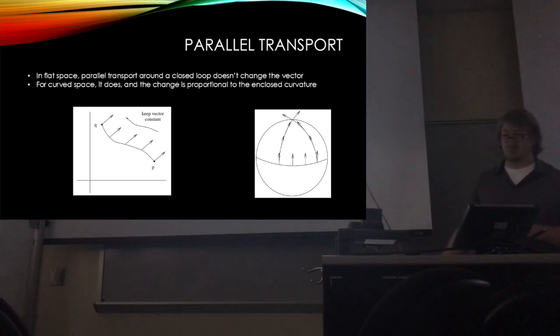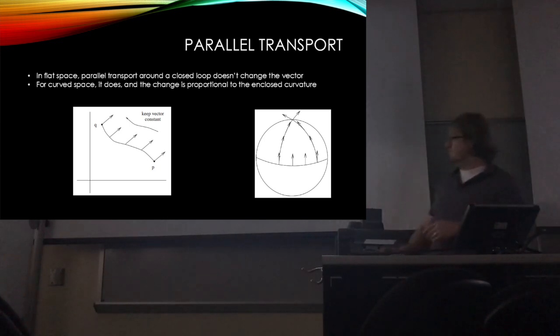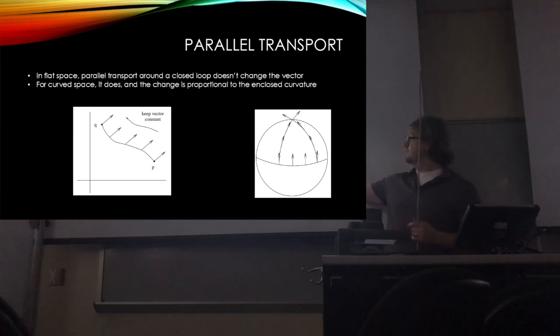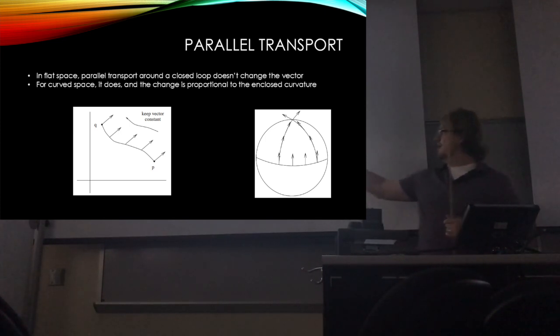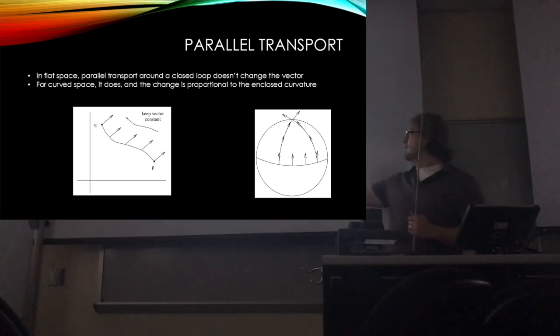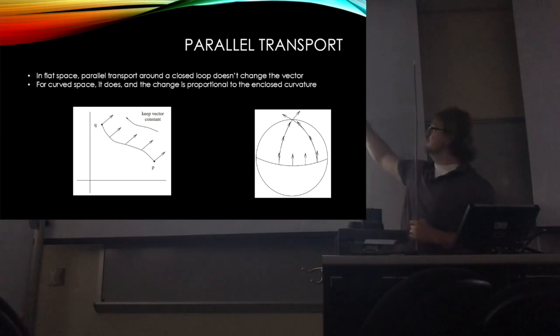That is not the case for a curved surface. If you imagine having an arrow here at the equator and you parallel transport it straight up to the North Pole, it's going to point out that way. On the other hand, if you parallel transport it along the equator and then put it up towards the North Pole, it's going to point out that way. And this isn't drawn here, but you can imagine if you complete the loop and then bring this arrow back down to where it started, it'll point out this way, which is different from where it started.